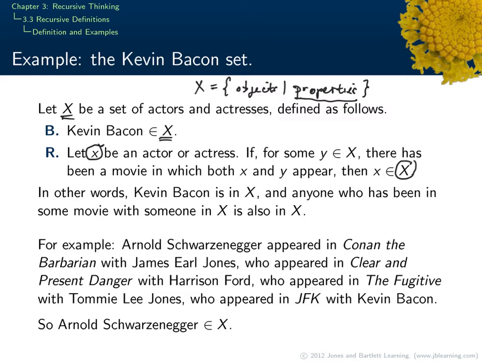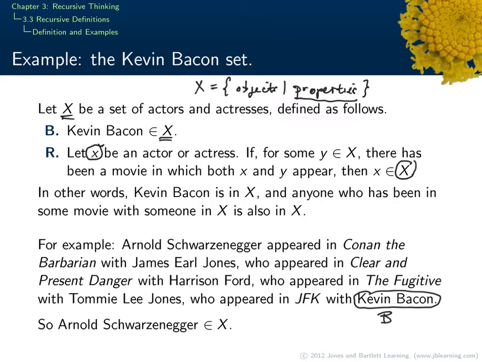I think that it's better for us to approach this example in the opposite direction from the way it's worded here on the slide. We know that Kevin Bacon is a member of X. That's by this base case. Now, Tommy Lee Jones is an actor who appeared with Kevin Bacon in the movie JFK.